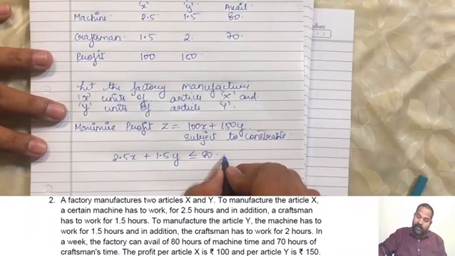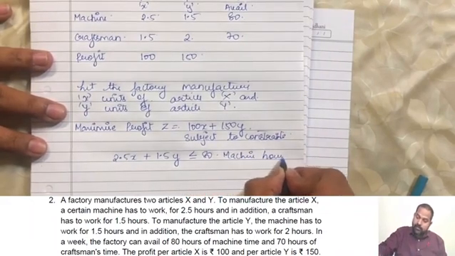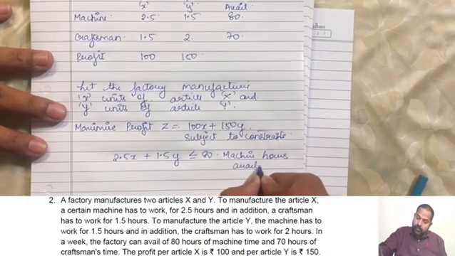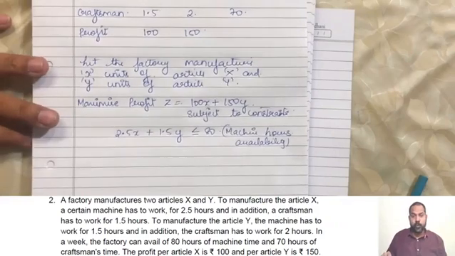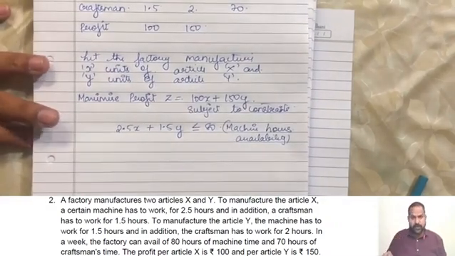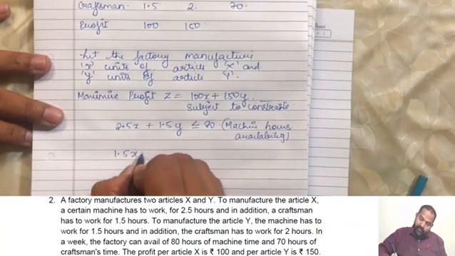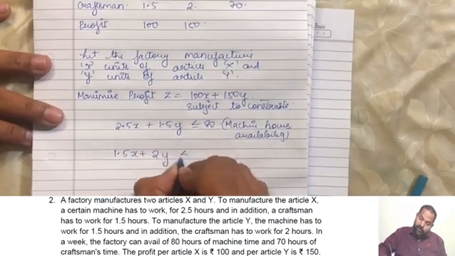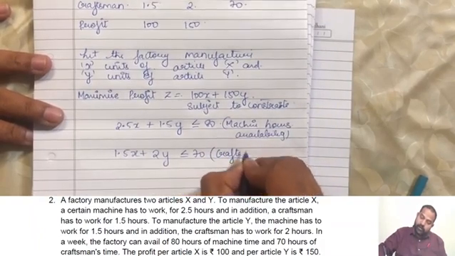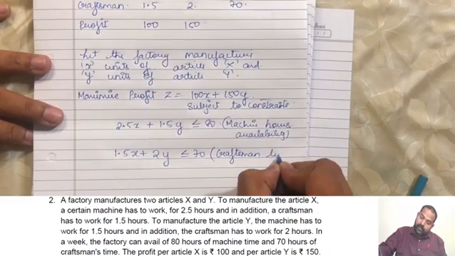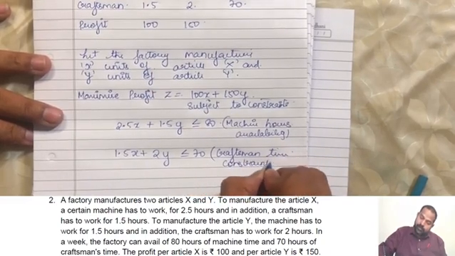And here I will write down machine hours availability, or machine hour constraint. You can write it as machine hour constraint also. Then I will write down that 1.5x plus 2y should be less than or equal to 70. This is craftsman time constraints.